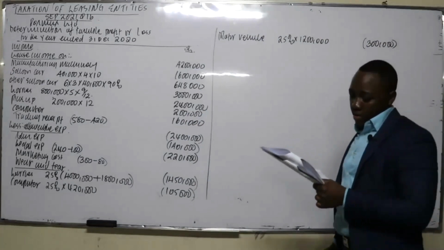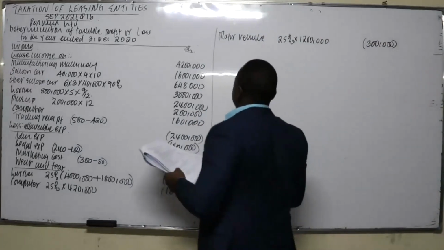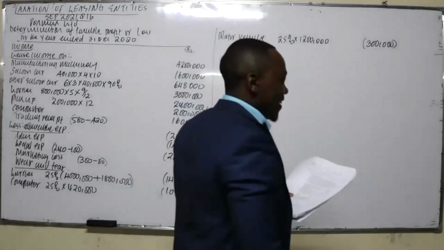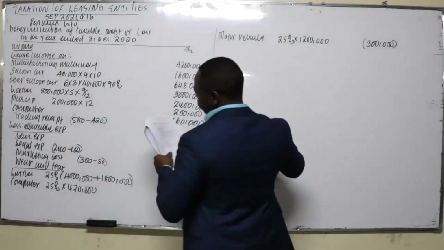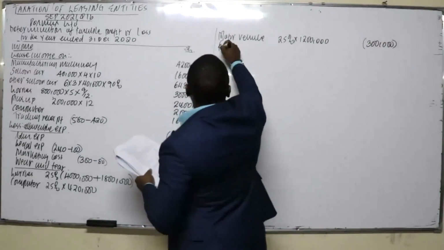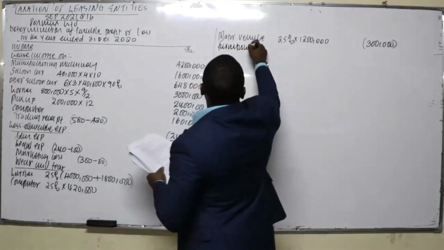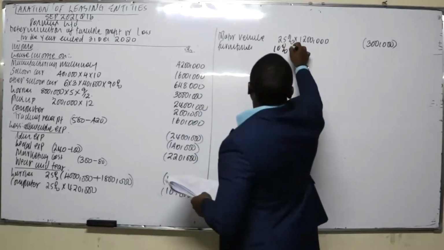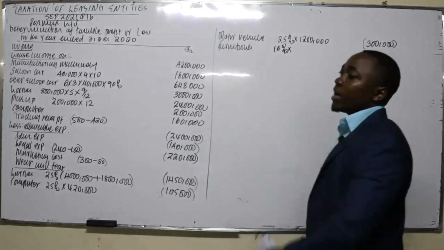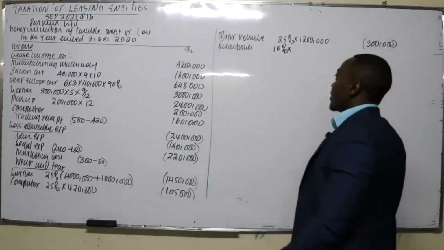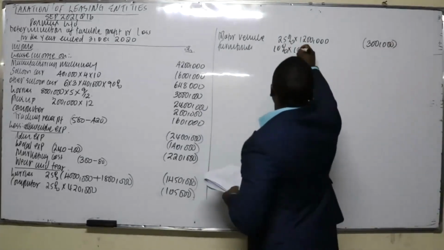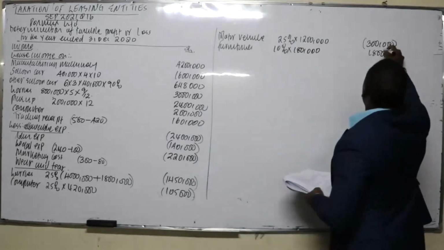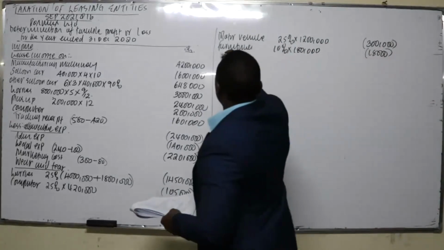No. Saloon car is not part of that. Then there is furniture, at the rate of 10% of 180, you get an amount of 18.